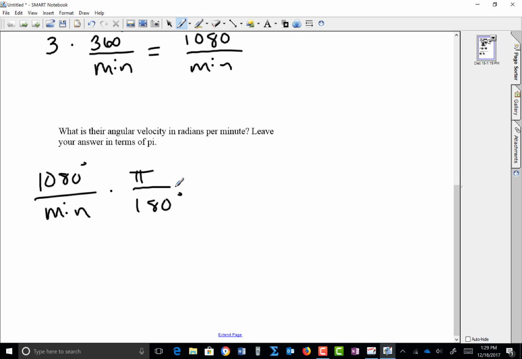So when I do that, I can cancel, and 1080 divided by 180 comes out to 6. So this would be 6 pi radians per minute. So this is in radians. So that's what that one would be.